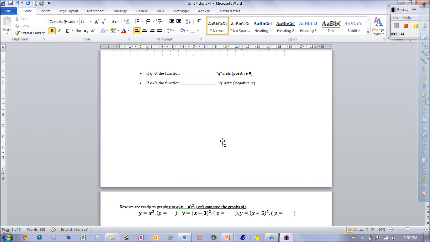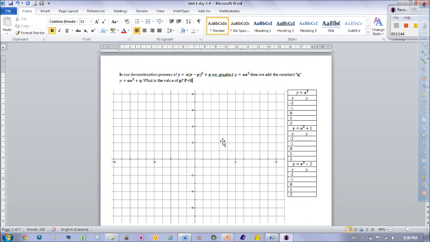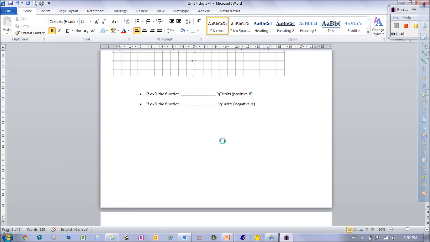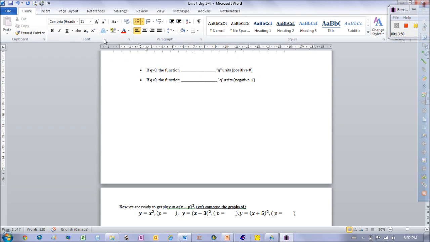So let's see if we can generalize these observations and make some conclusions. Now, I do hope that you take the time to graph your own function in the graph space provided. So what can we say if the q value is positive?